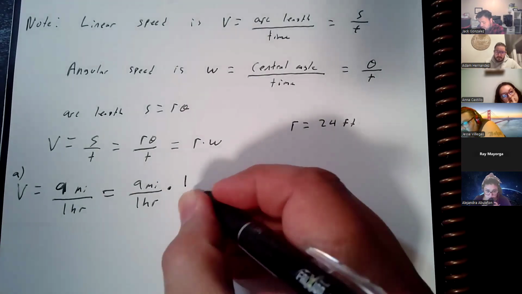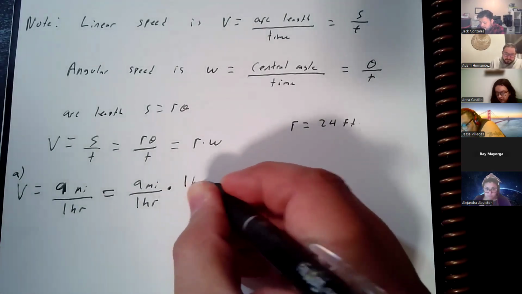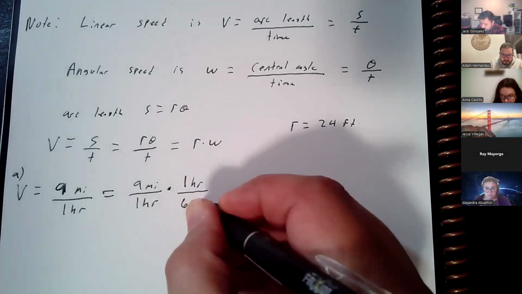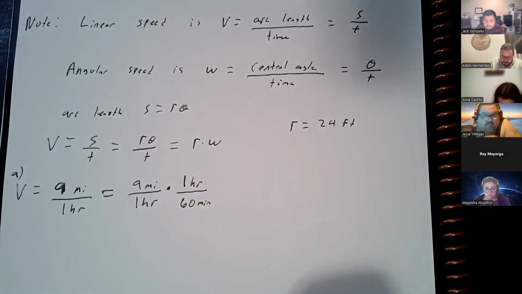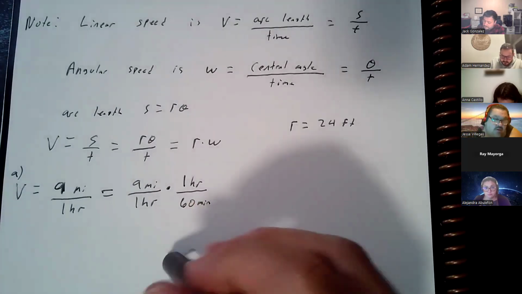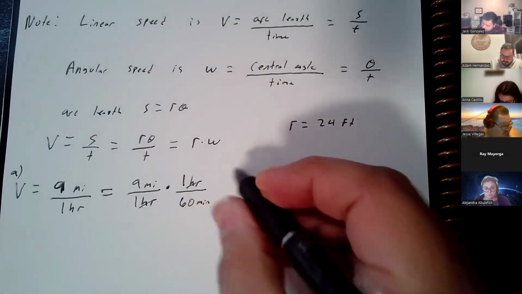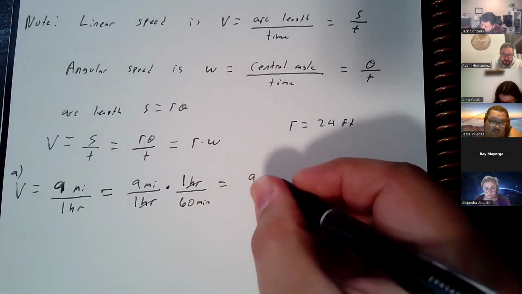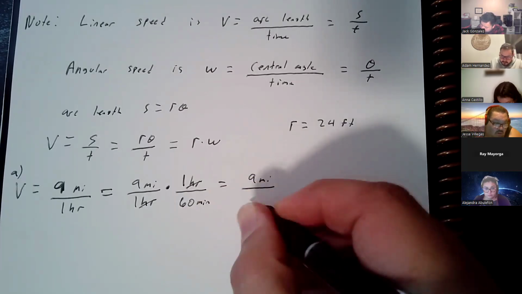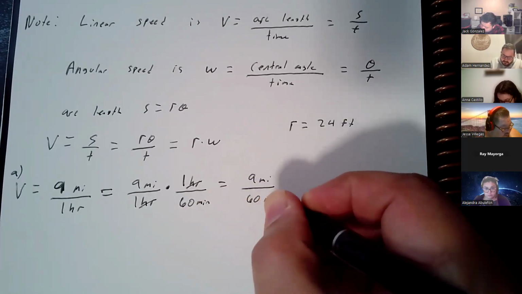So we know that 1 hour is equal to 60 minutes, right? Oops, I did it backwards. Oh no, we're good. Hours will cancel. Now I have 9 miles divided by 60 minutes.